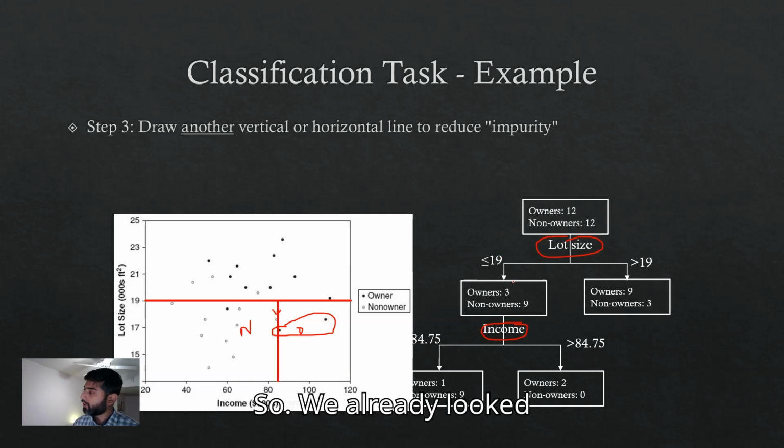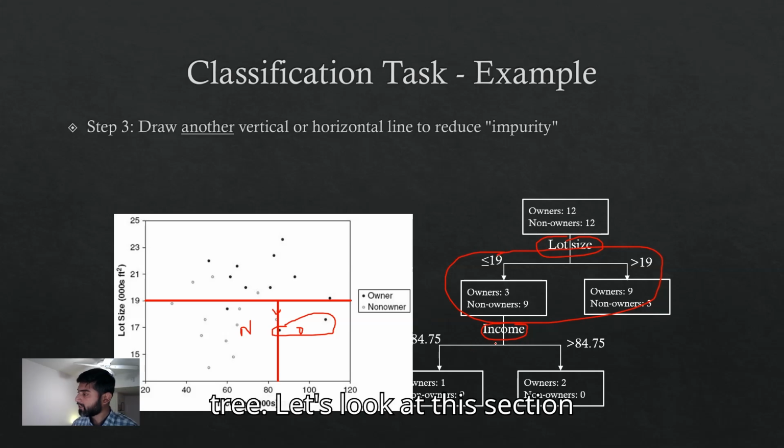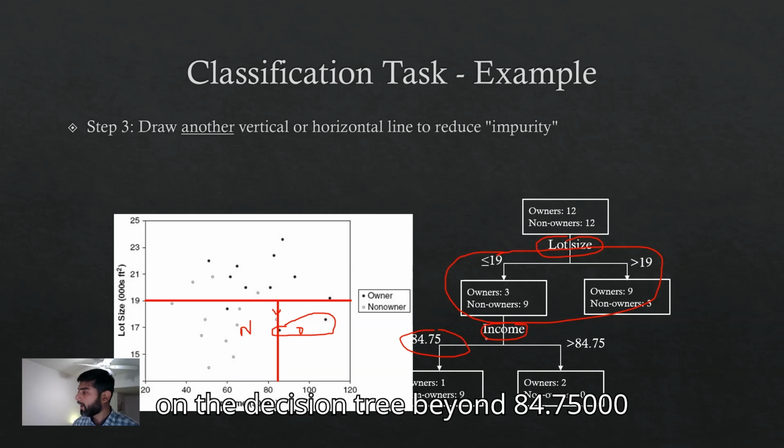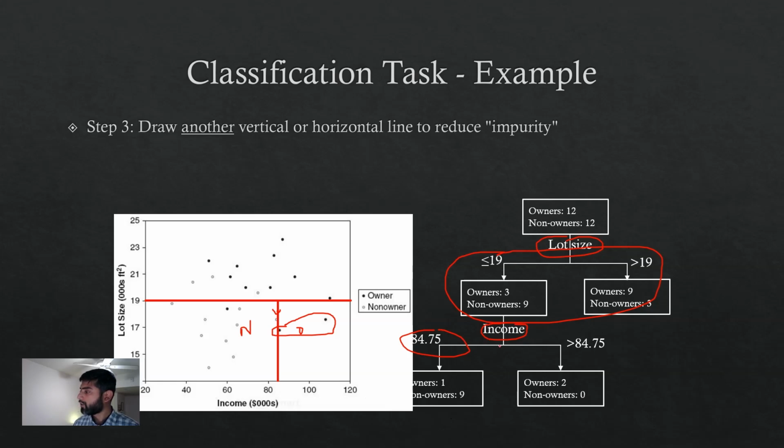So we already looked at this section of the decision tree. Let's look at this section of the decision tree. Beyond 84.75 thousand annual income, typically people are the owners.